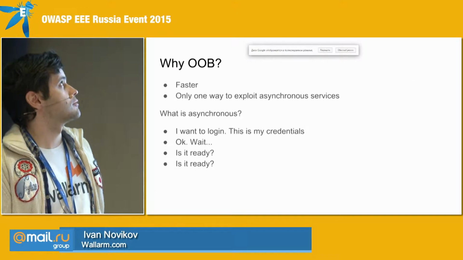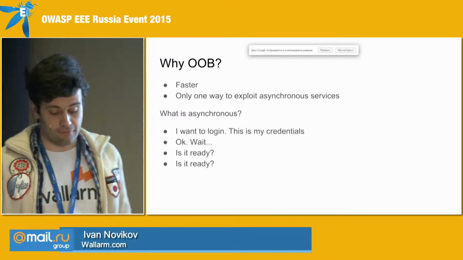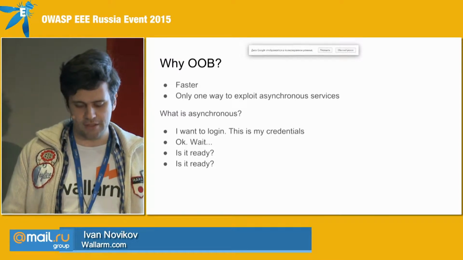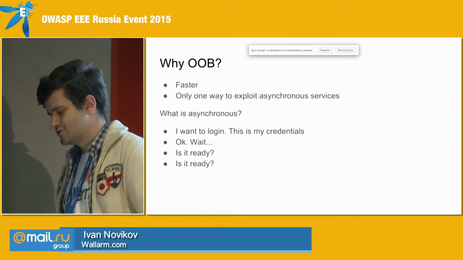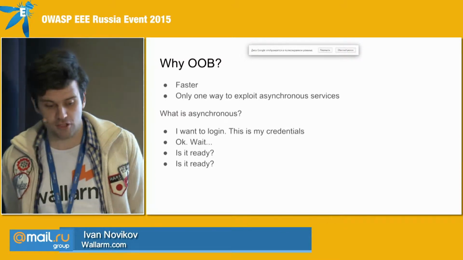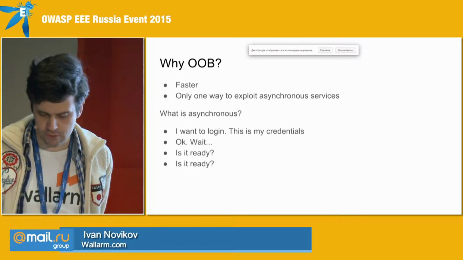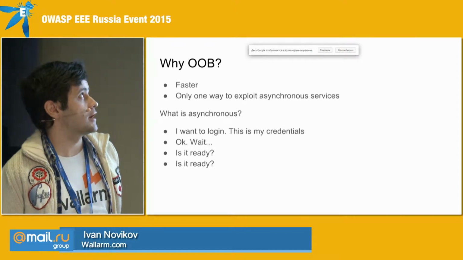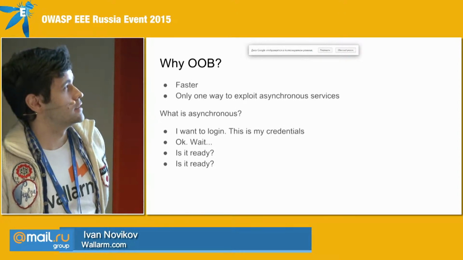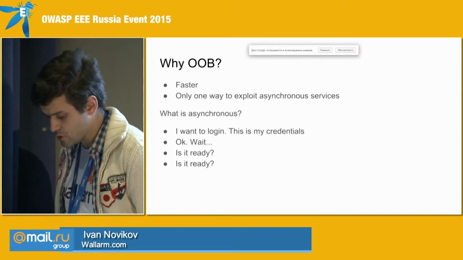So why OOB? Just out of band. First, it's really faster. You can read data like a classic SQL injection exploitation, but without reading the responses from the server. And second, it's the only way to exploit asynchronous services.